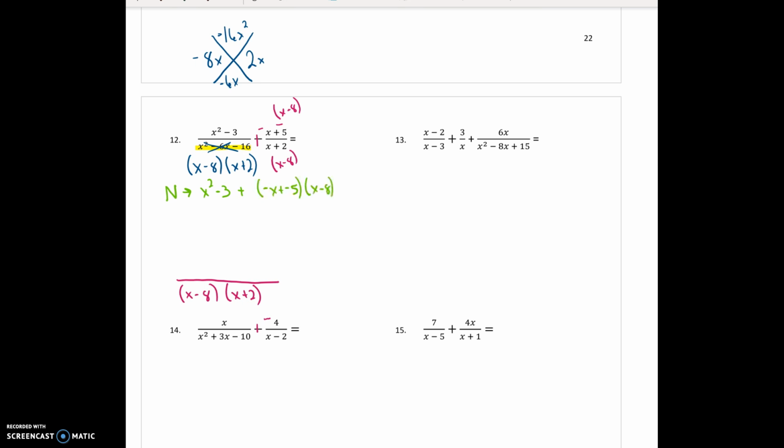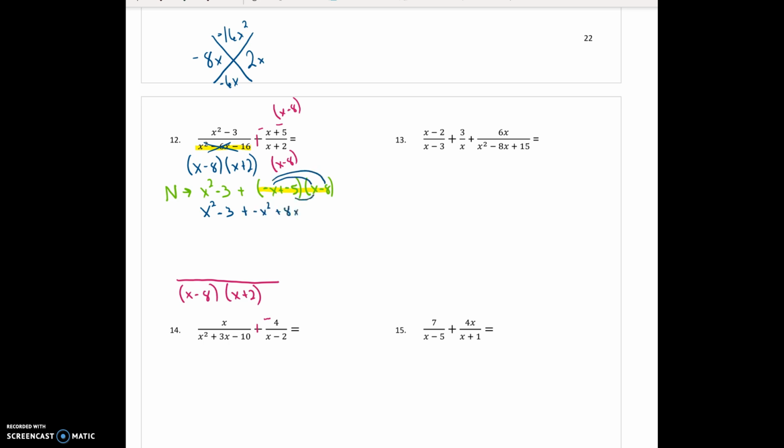And so I will need to do some multiplying. What I mean by multiplying, if you remember over here, is that the neighbors meet the neighbors. First, the x squared minus 3 is just going to go along. And then in the highlighted part, negative x is going to go meet those two neighbors, so I get a negative x squared plus 8x.